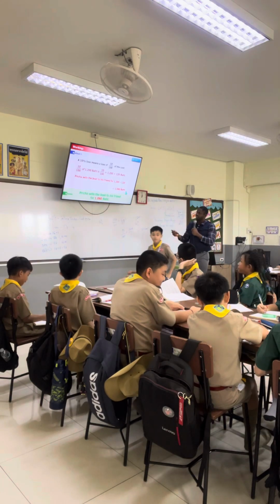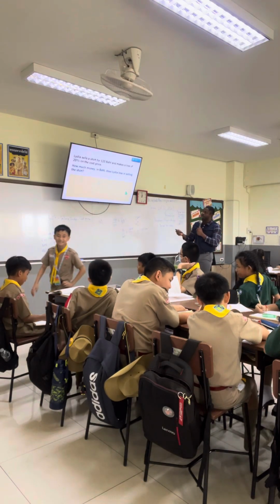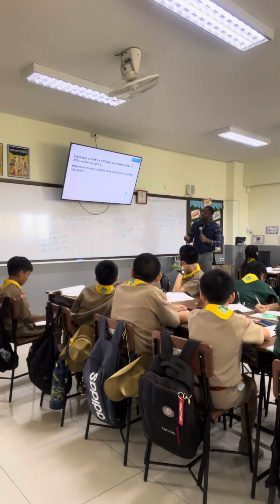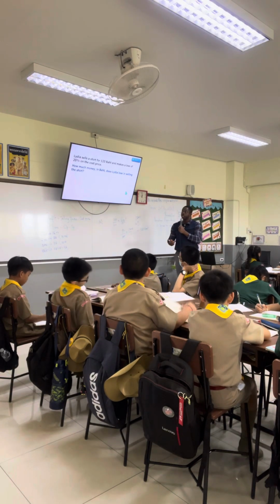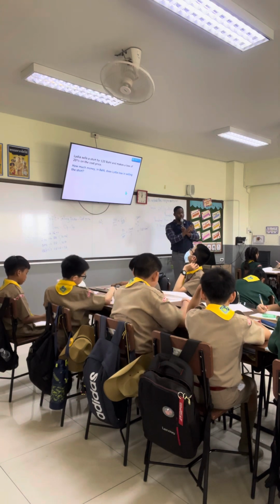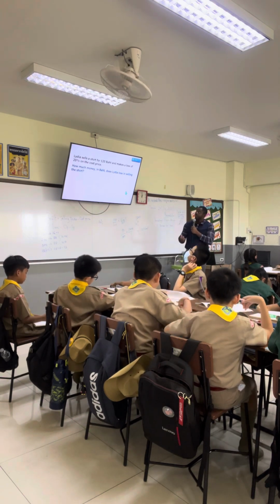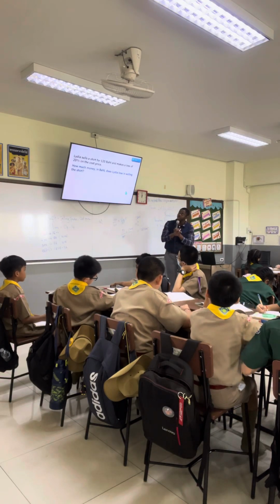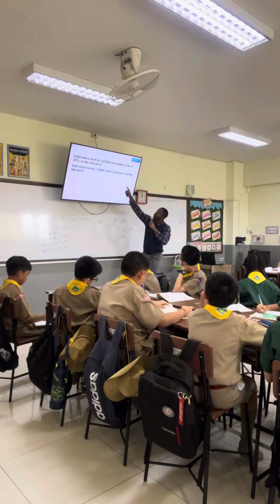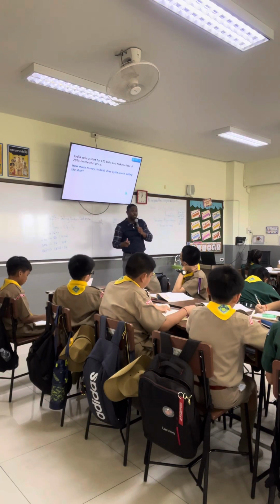Okay, let's see one here before we go to the books. Another one here. Lydia sells a shirt for 120 baht and makes a loss of 20% on the cost price. Remember, 120 baht is not the cost price.